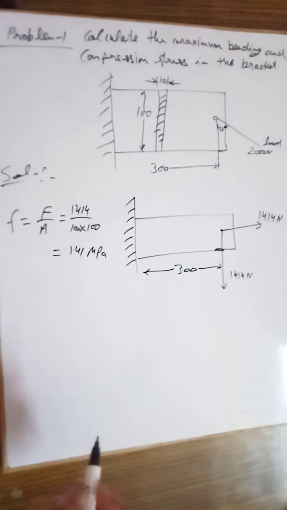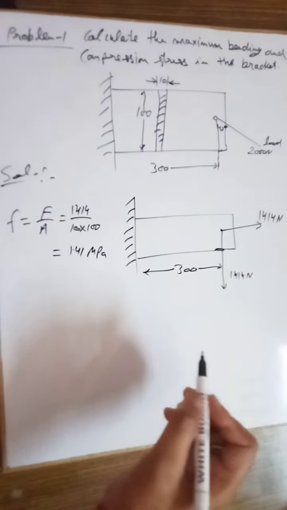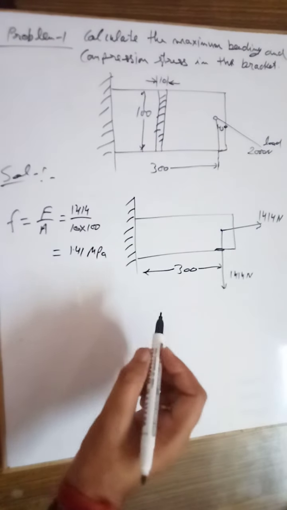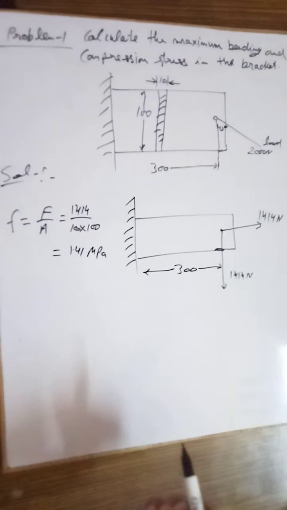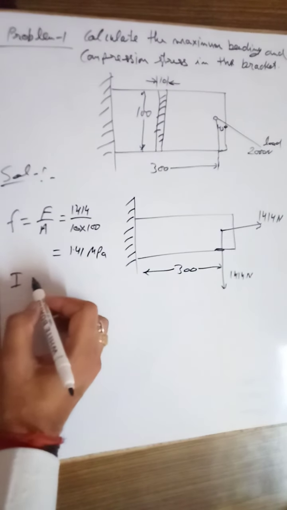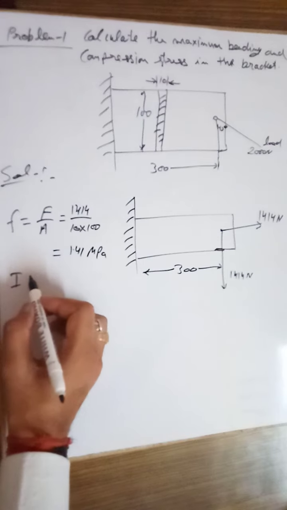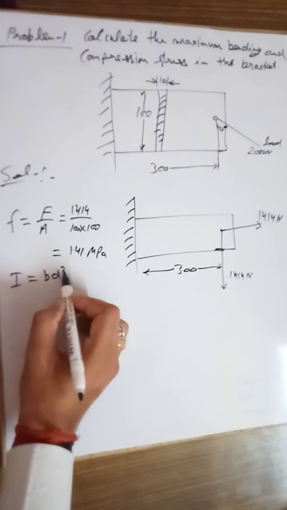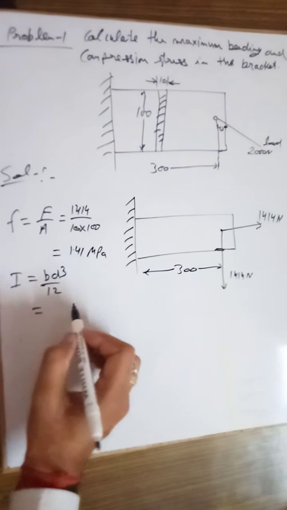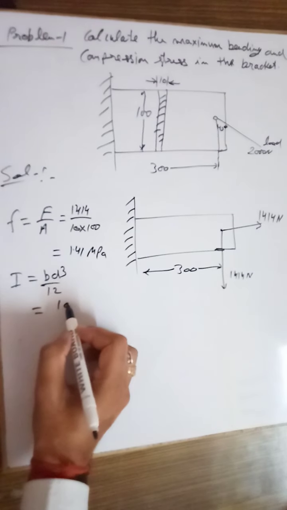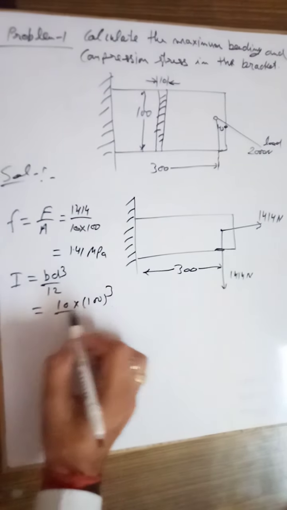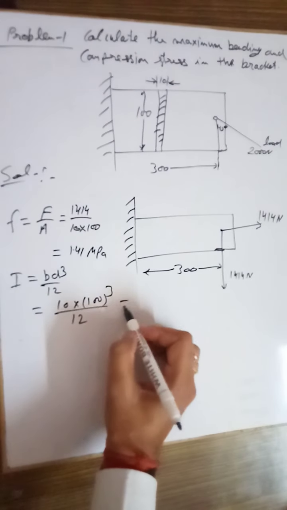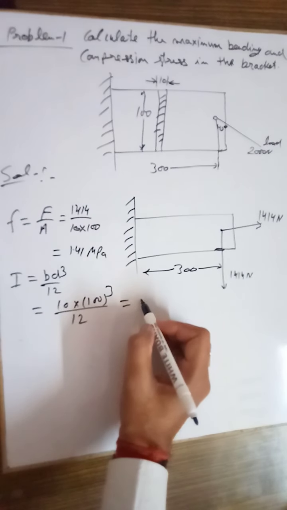Okay, so for the beam, the moment of inertia, if this beam is rectangular, we know the formula for the moment of inertia, that is I equals b d cube upon 12. So we put the values, b is 10 into 100 cube upon 12. So finally we get the result of this calculation.